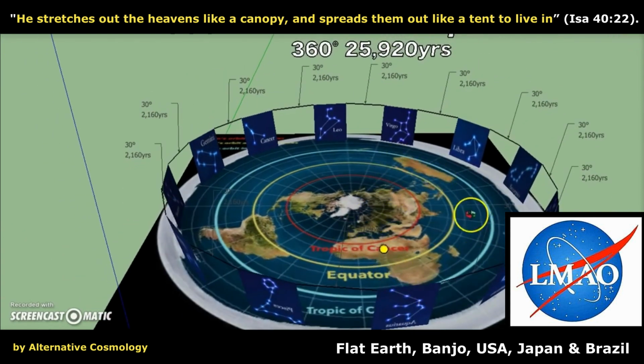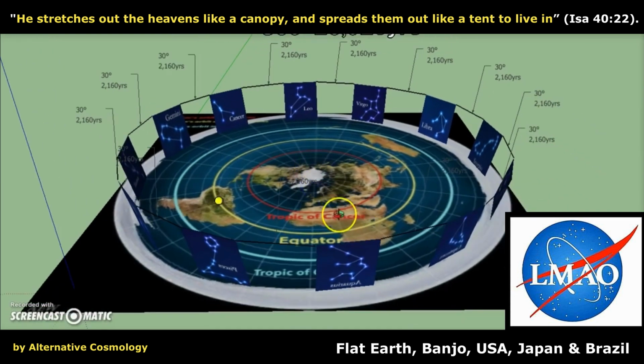So as it completes its full circle, that's the 25,920 year precession of the equinox cycle. And so as it moves up and down, that's 1,080 years, 1,080 years, 1,080 years. And so as it comes down and up, that's 2,160 years, or 30 degrees of precession as it moves backwards through the 12 constellations in the sky.